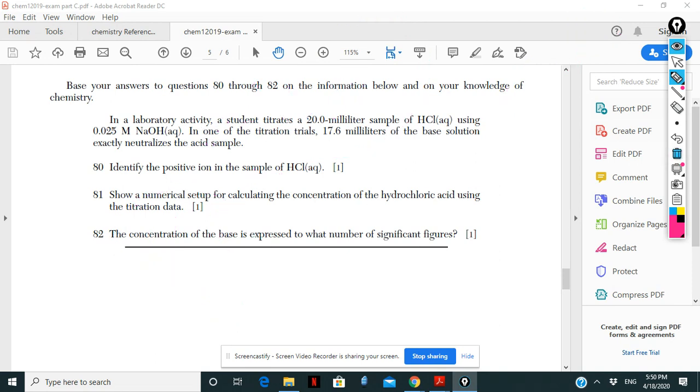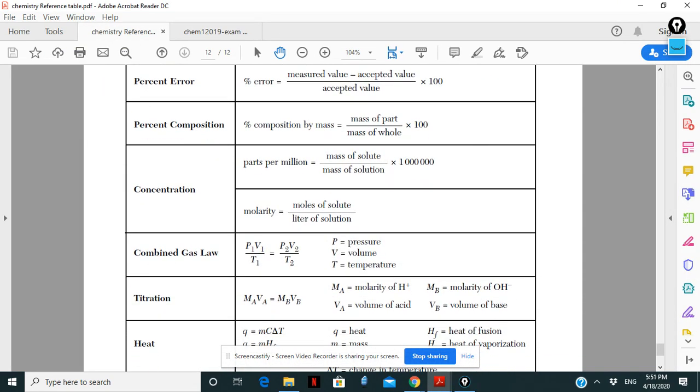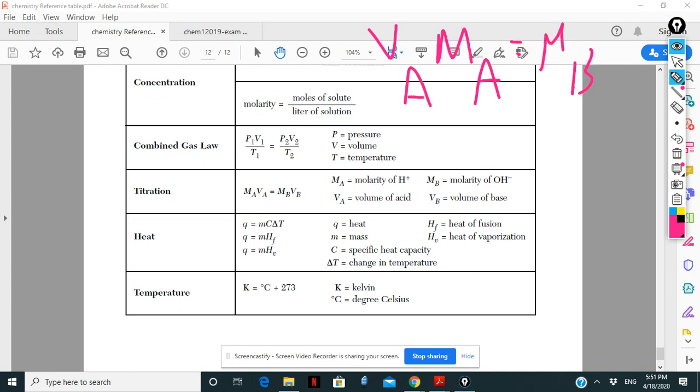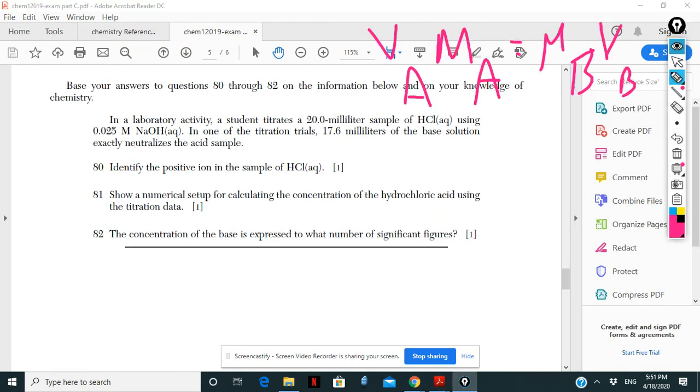Now, show the numerical setup to calculate the molarity. If you look at the last page, all the way down at the titration part, I'm going to use that formula: M acid times volume acid equals M base times volume base. That's the formula. Now I'm going to set it up.